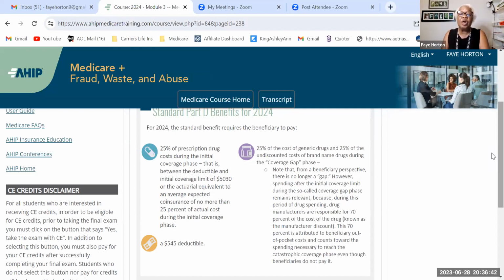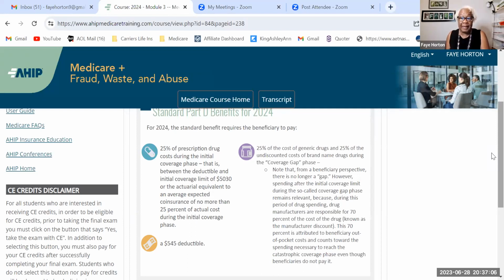25% of prescription drug costs during the initial coverage phase, that is between the deductible and the initial coverage limit of $5,030, or the actuarial equivalent to an average expected coinsurance of no more than 25% of actual costs during the initial coverage phase.